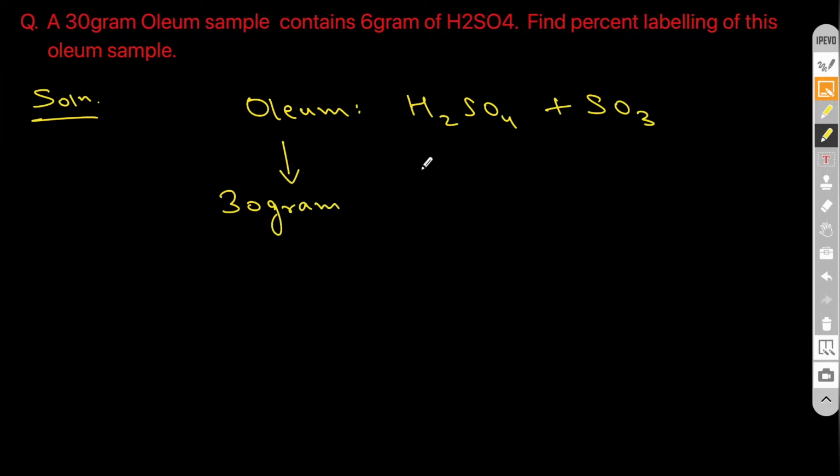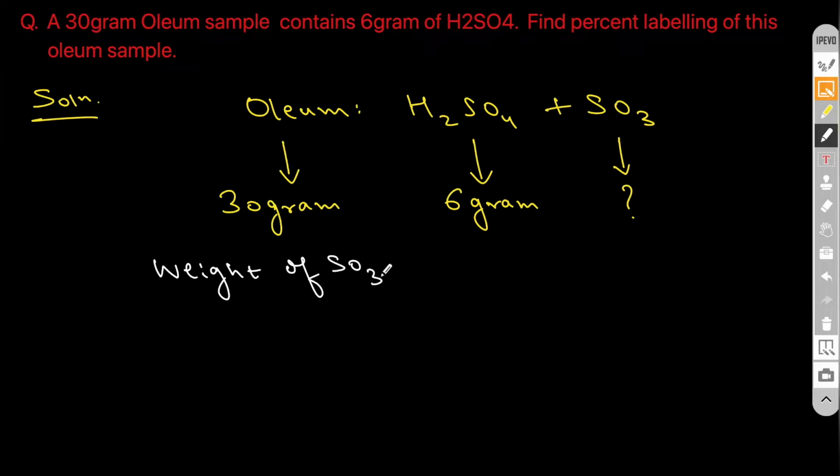The weight of H2SO4 is 6 gram as per the problem, and the weight of SO3 we don't know. So how will we find it out? Weight of SO3 is equal to weight of oleum minus weight of H2SO4, so 30 gram minus 6 gram comes out to be 24 gram. So the weight of SO3 is 24 gram.